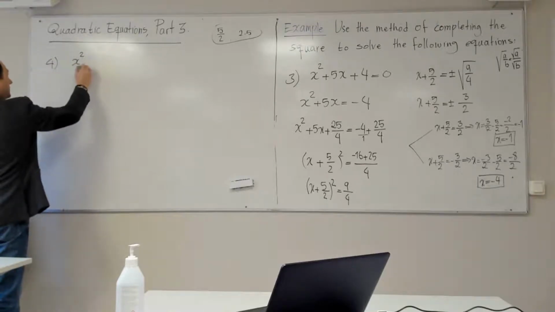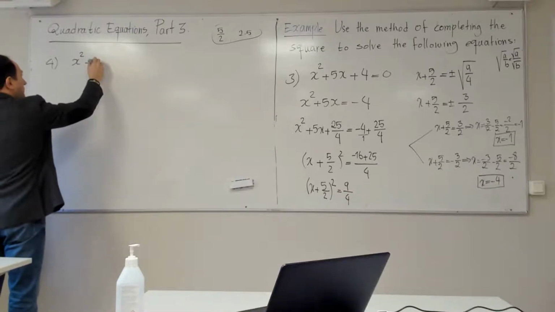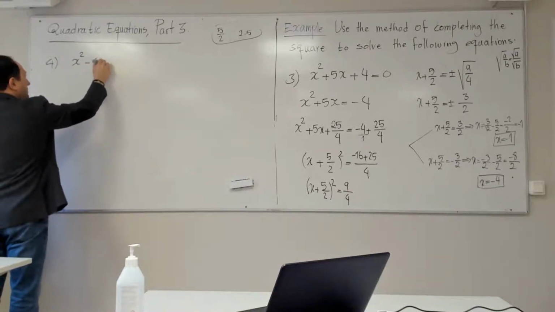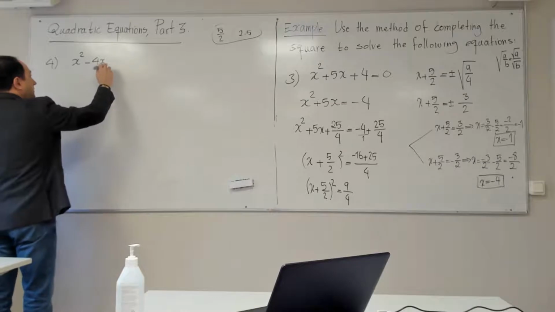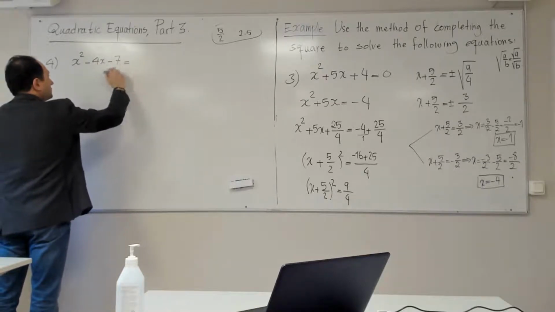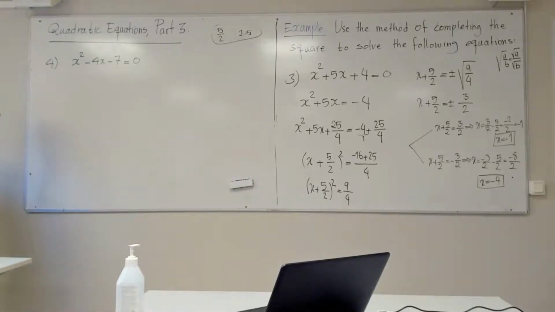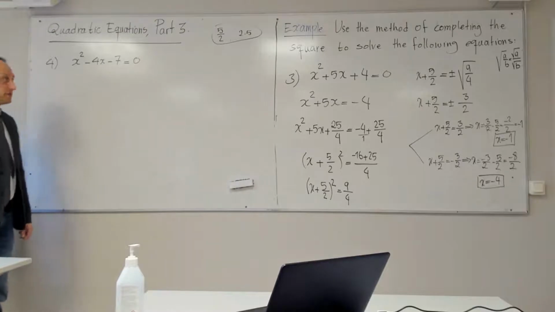x squared minus 4x and then minus 7 is equal to 0. Okay, so assume that we want to solve this.